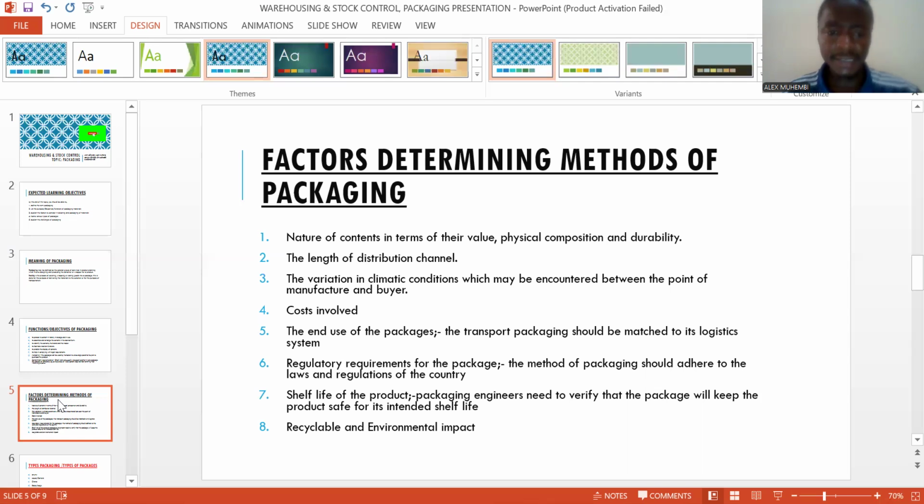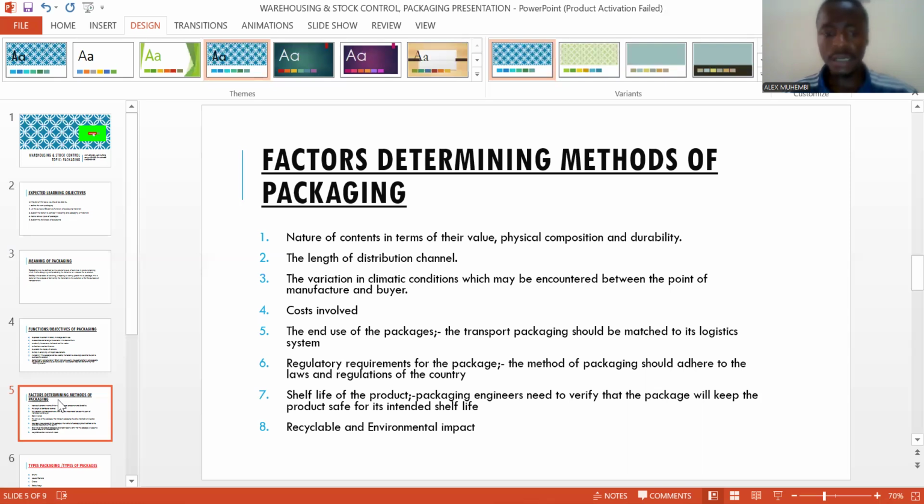Another factor is the end use of the packages. So we are talking about the users, the end use of the packages, where the package is to be taken. So you look at the transport packaging, and here we are saying that it should be matched to its logistic systems. So the end use of the package is a factor.